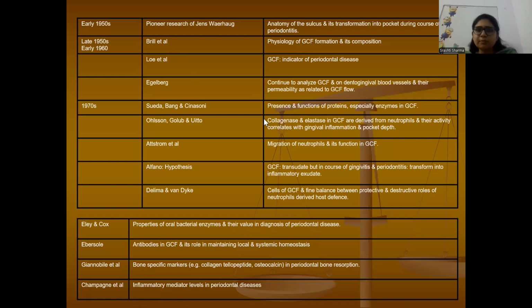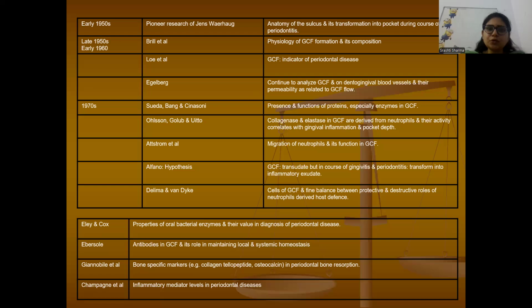In 1970, Sueda, Bang, and Chinasumi did an experiment to include the presence and functions of proteins, especially enzymes, in GCF.